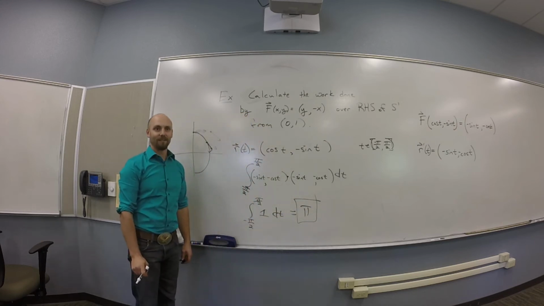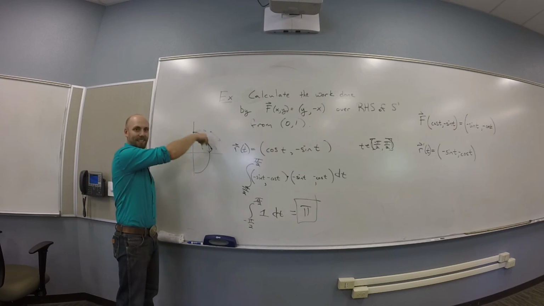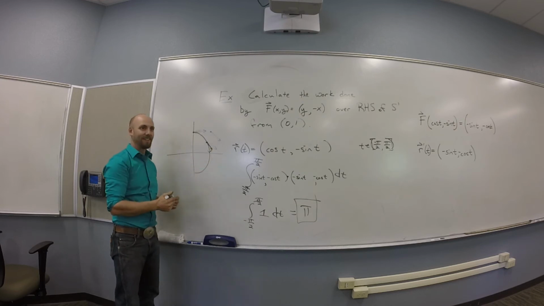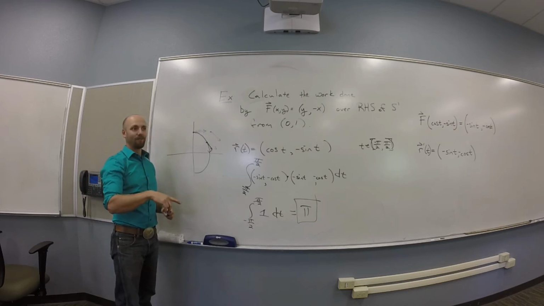Which is the length of this, which happens to be the length of this half circle, right? So the work here happened to be equal to the arc length, right? Why is that?